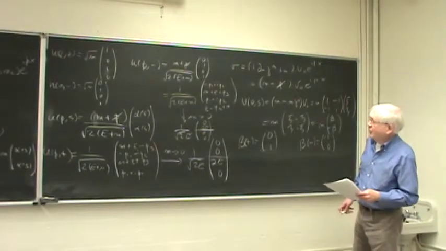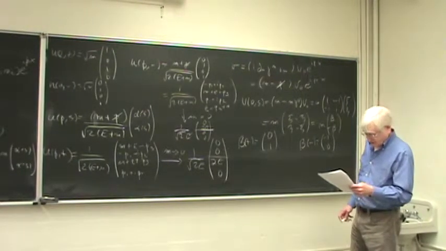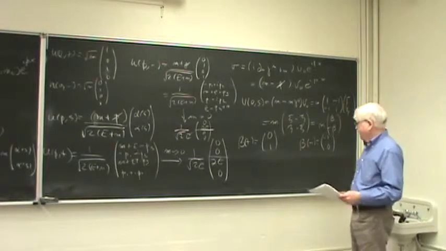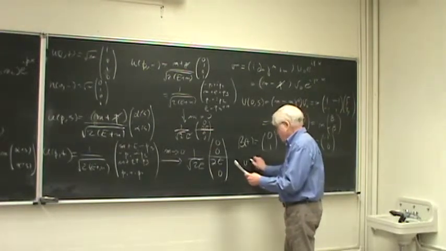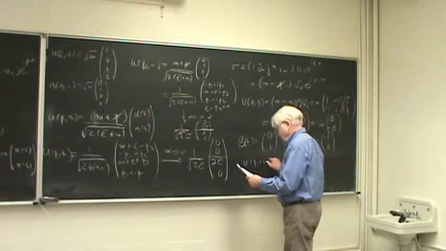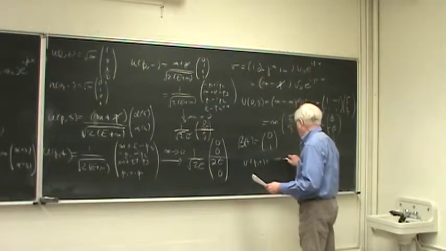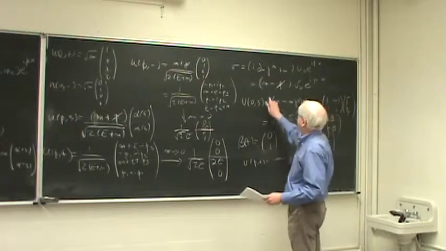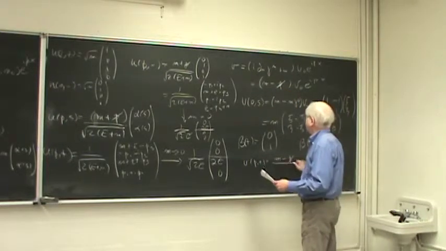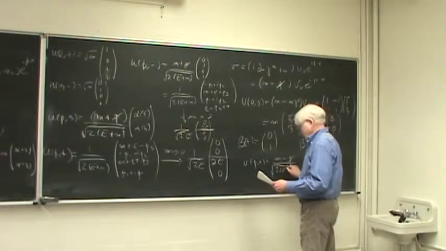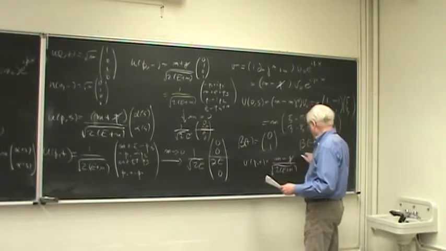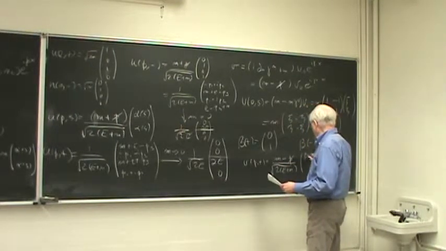Okay, so what do the spinors look like then? V of p plus is then M minus p slash, remember, M minus p slash, over the same normalization, square root of 2E plus M, and now it's beta plus.